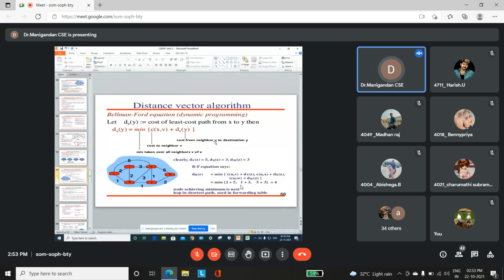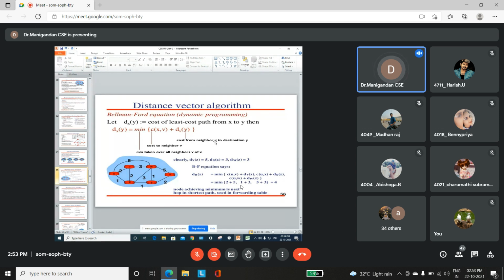Here we clearly identify d_v(z) equal to 5, d_x(z) equal to 3, d_w(z) equal to 3. Finally, we find the minimum of c(u,v) plus d_v(z), c(u,x) plus d_x(z), and c(u,w) plus d_w(z). That is 2 plus 5, 1 plus 3, and 5 plus 3.